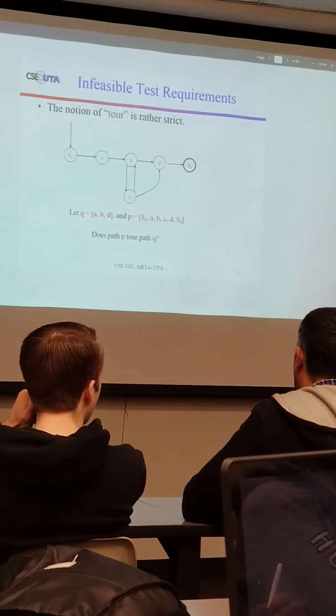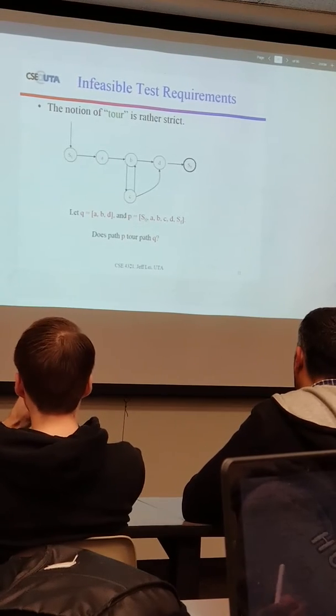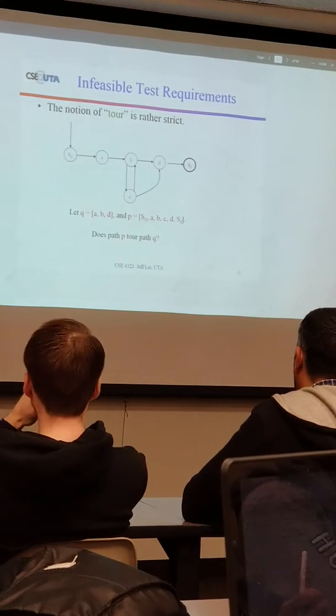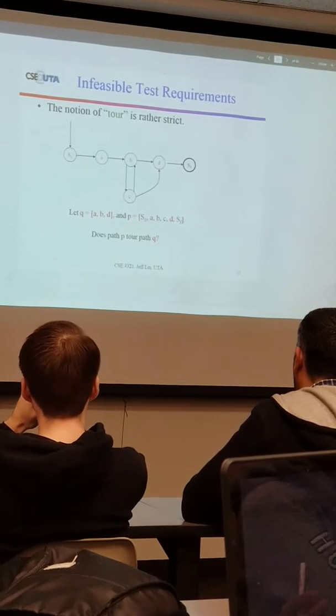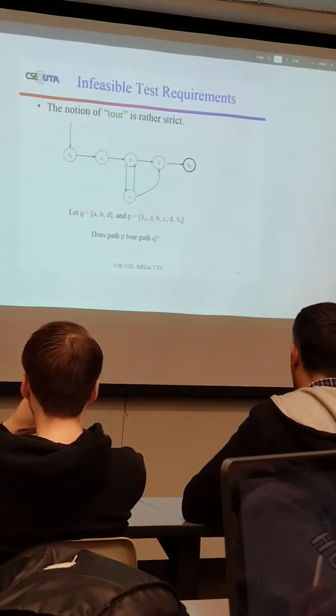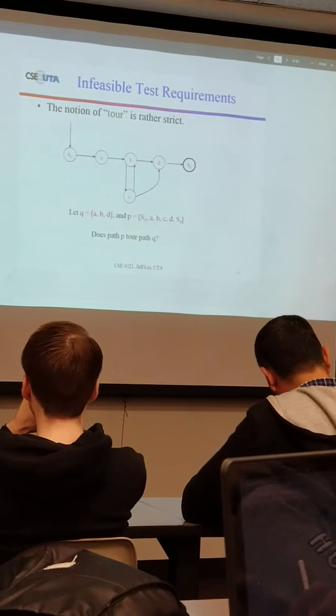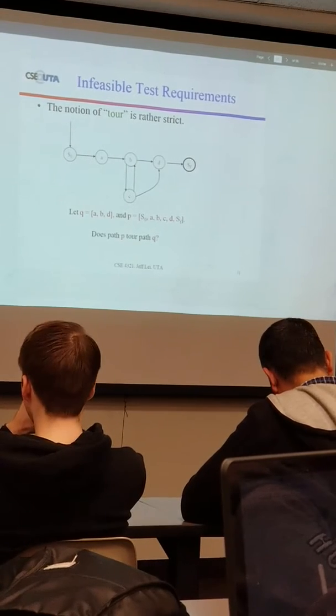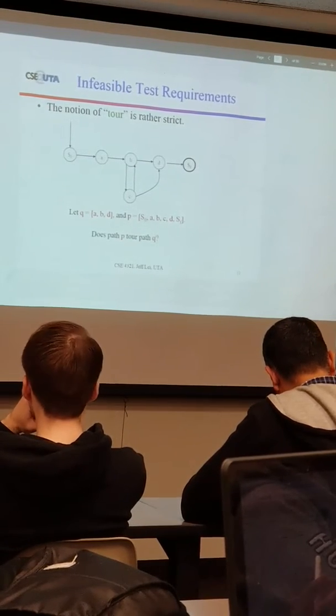If we say one path tours another path, what does it mean? The second path has to appear in the first path, right? Path A tours path B. It means in path A, you have to be able to find path B.